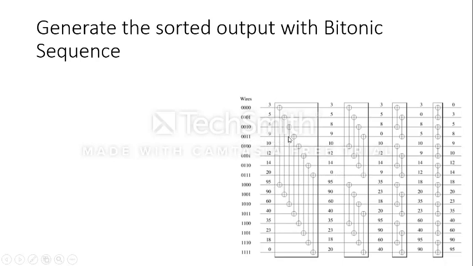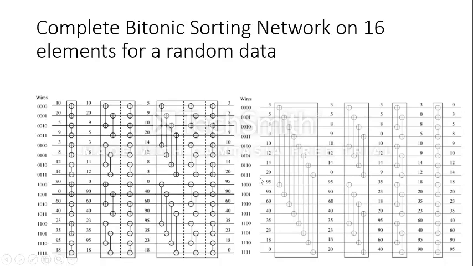Stage 4 comprises four sub-stages in which these inputs are given, and with the help of these increasing comparators, they are interchanged, and the whole input gets sorted. So in this way, with respect to this 16 node input, we can generate the sorted output with the help of the 4 broad stages.